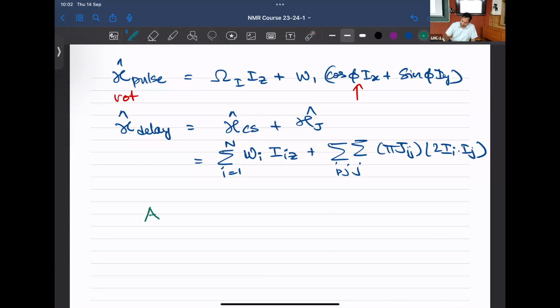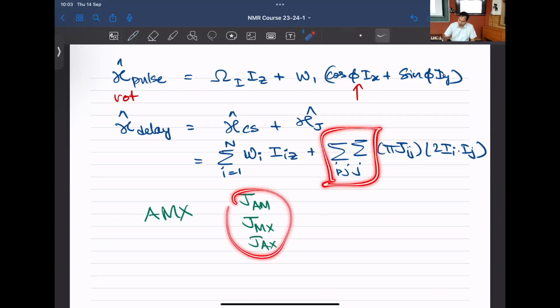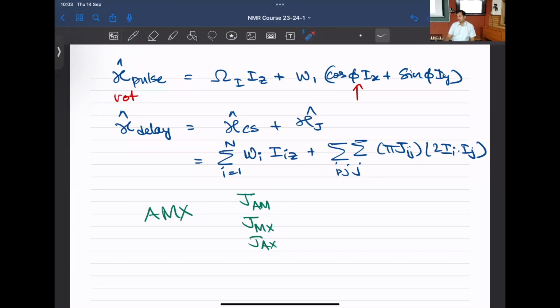For instance, for the AMX system, we said that there are three scalar couplings, JAM, JMX, and JAX. So what does the summation mean? Just that all possible permutations should exist. Some of these might tend to zero because of the dependence on the dipoles, their orientation, and the bonds that connect them.